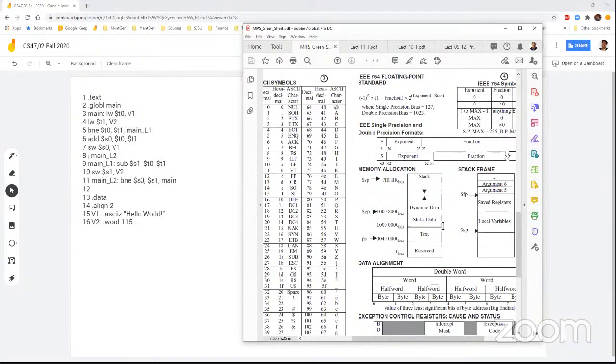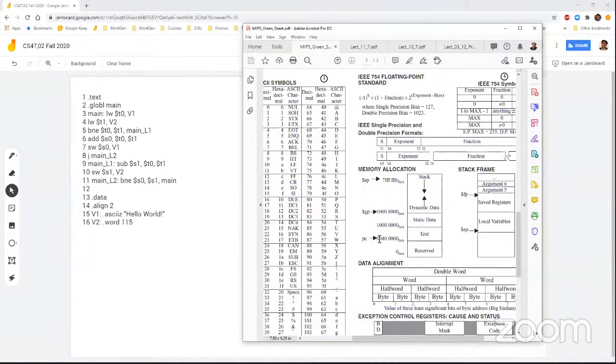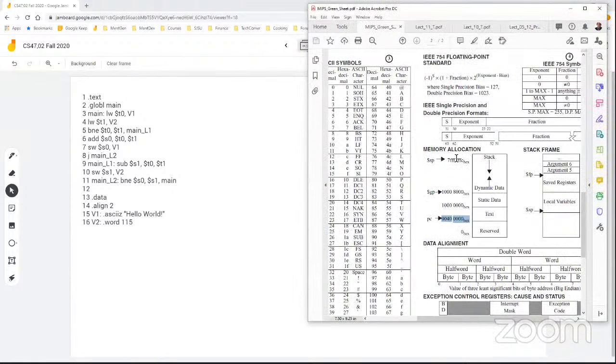But if nothing is specified, you need to go back to this green sheet and consult these addresses. So your program counter, if nothing is given, starts from this address. So let's assume that in this problem, to make a little variation from the problem set solution that has been given.